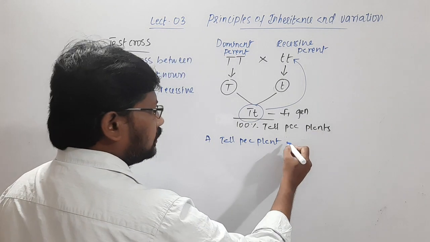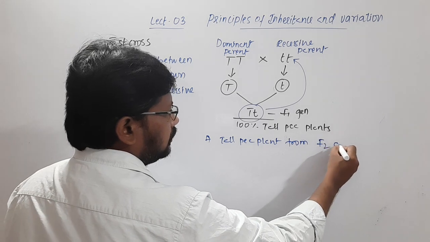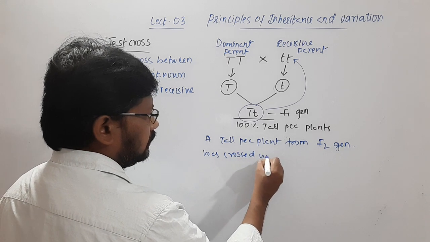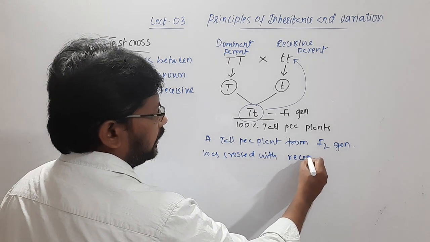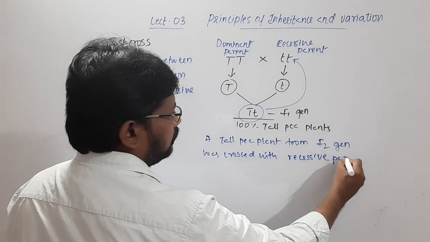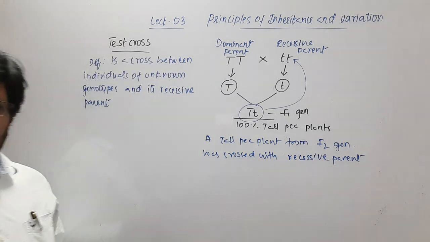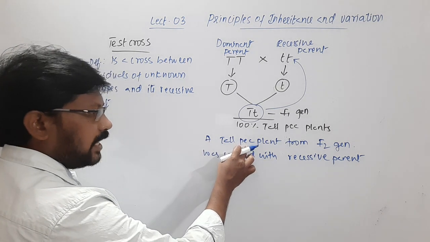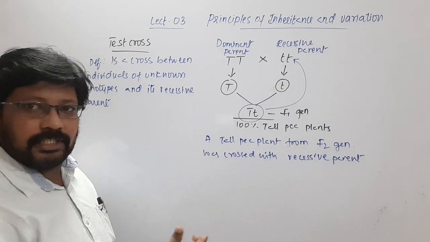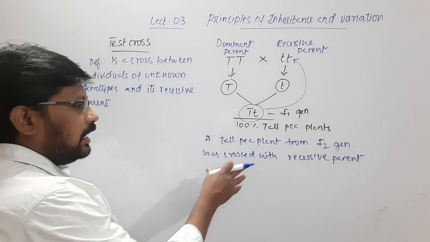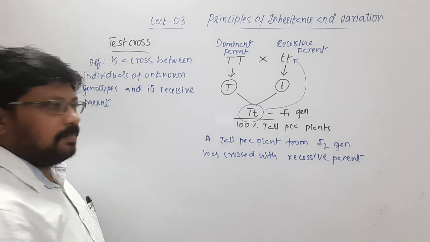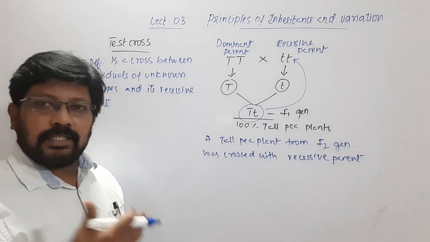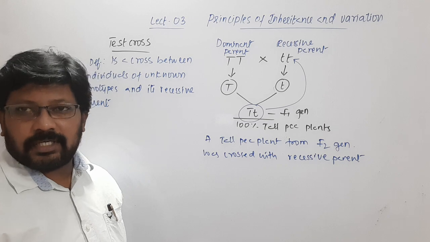So Mendel crossed a tall pea plant from the F2 generation with a recessive parent. That is what Mendel did. What I have shown here is the F1 generation, but in the case of Mendel, he took it from the F2 generation.